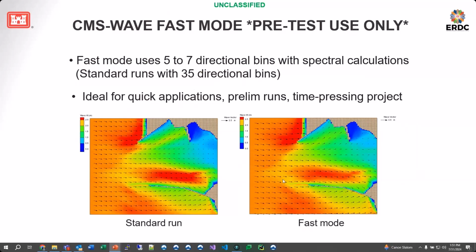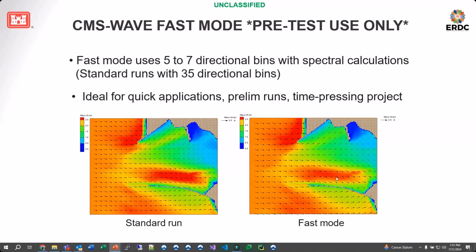And then just talking about the fast mode. Like I said, it's only used for the early part of work for a particular case. Basically what it does is it takes the standard directional bins and combines some of those direction bins so that you get 5 to 7 direction bins instead of 35. And so you wind up being either 7 or 5 times faster in your computation of the waves over that particular grid.